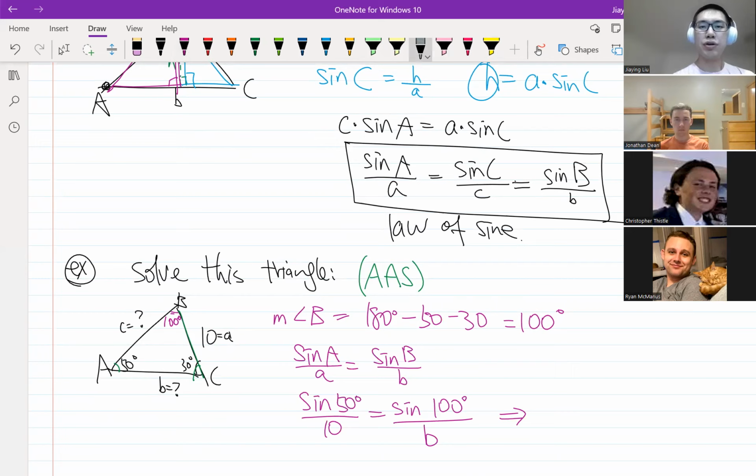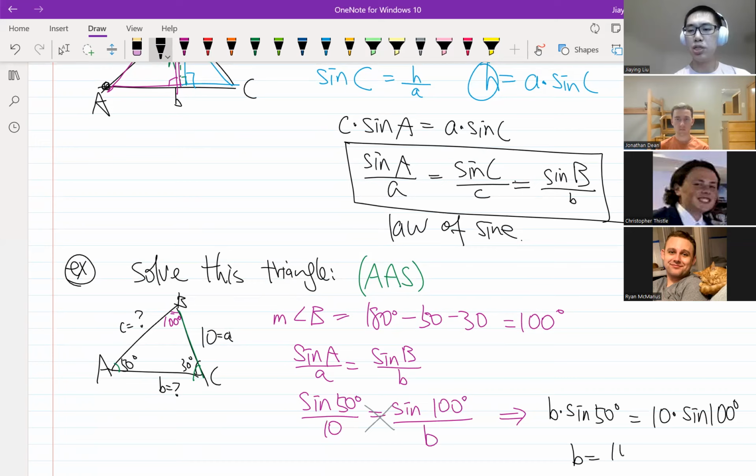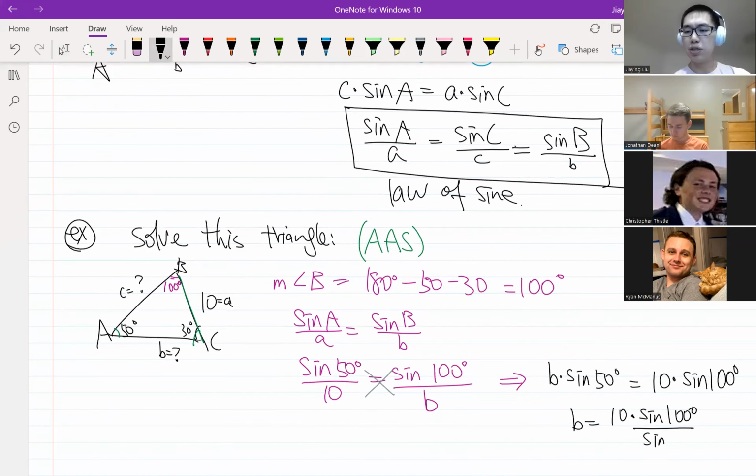First thing I'm going to do is cross multiply. So we get b times sine 50 degrees is equal to 10 times sine 100 degrees. And then we'll divide by sine 50. So b equals 10 times sine 100 degrees over sine 50 degrees.